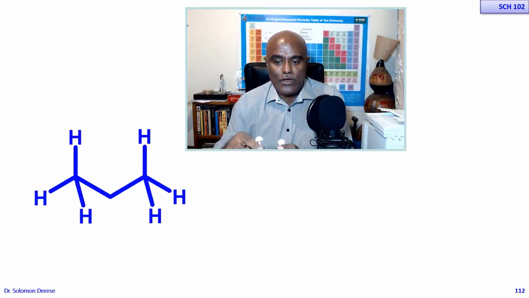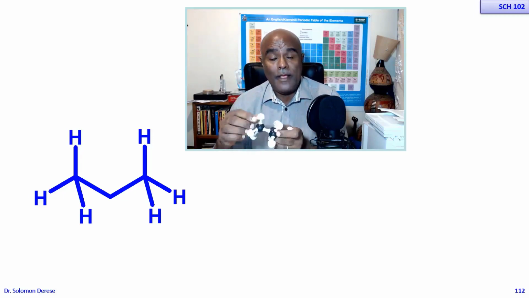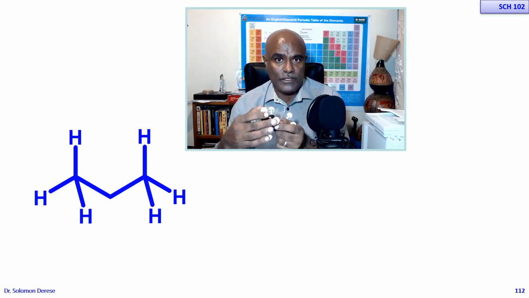cycloalkanes rotate across their carbon-carbon single bonds to adopt different conformations. One of the reasons why they adopt these different conformations is in order to become stable by avoiding the eclipsing of their hydrogens.